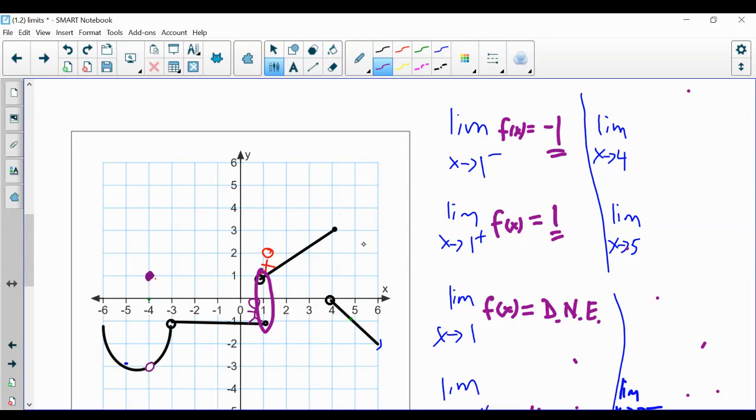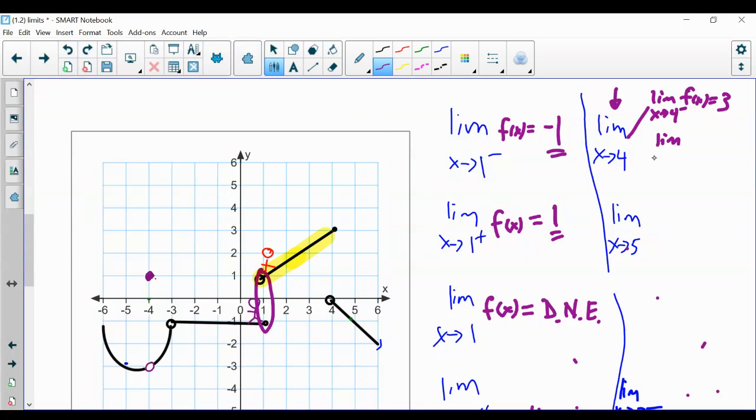Now, let's take a look at this problem. If I want to find the limit as x approaches 4 from both sides, I have to break this up into the limit as x approaches 4 from the left of f of x. Well, if I'm coming in from the left, it looks like I'm coming into the value of 3. So I know that this limit is 3.